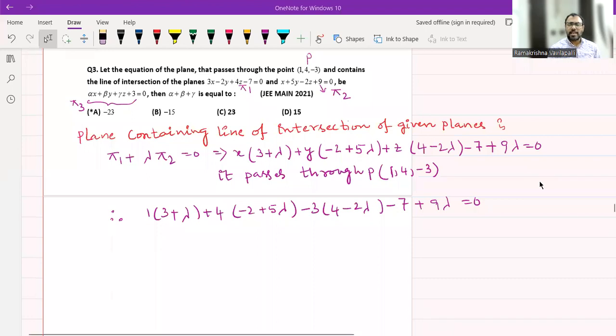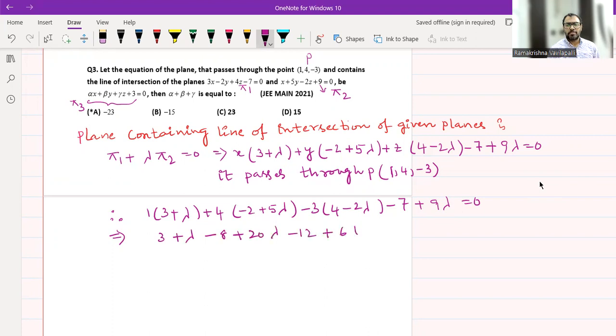So here I have made a little calculation mistake. Again I will do this. I'll just write the entire thing. 3 plus lambda, minus 8 plus 20 lambda, minus 12 plus 6 lambda, minus 7 plus 9 lambda equal to 0.